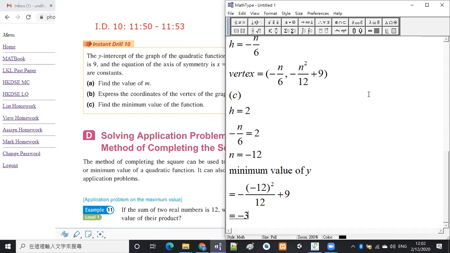All right, so do you have any problems up to now? If no, I would like you to do the following classworks. Let's go to exercise 5B. Please do question number 17, 18, and then 30, 31, and 32.